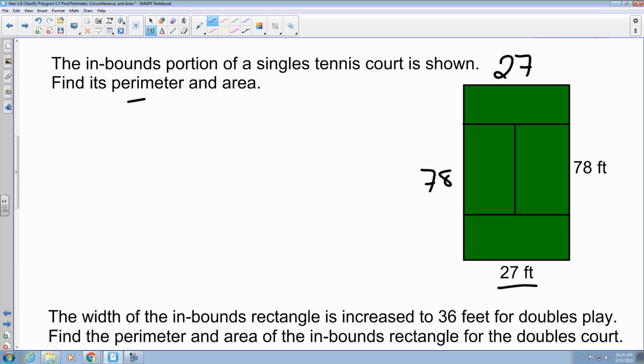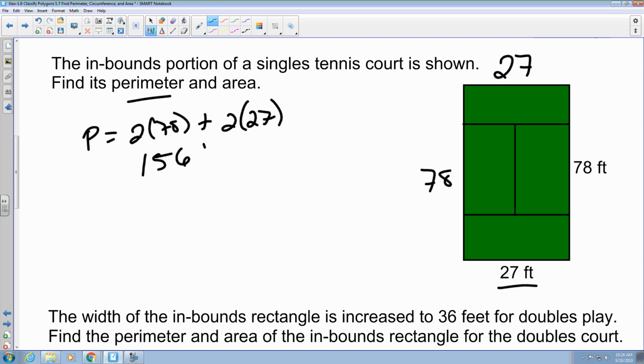So find the perimeter. Perimeter is 2L, we'll say 2 times 78, plus 2 times 27. 2 times 78 is 156, plus 2 times 27 is 54, add them together, we get 210, and perimeter is in feet.